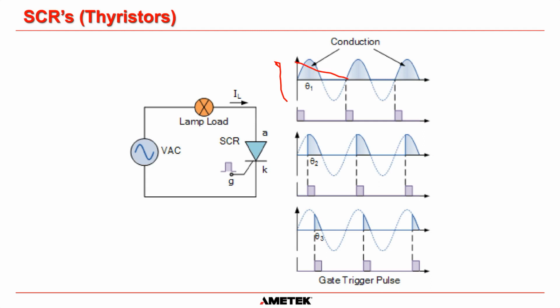Depending on where you fire the SCR in the circuit depends on how much of the sine wave gets through, which is what the other two waveforms are showing you. So in this circumstance, the top graph will have the lamp shine very brightly, and this one down here will have the lamp shining much less brightly. So it's kind of like a dimmer that this circuit is showing you.